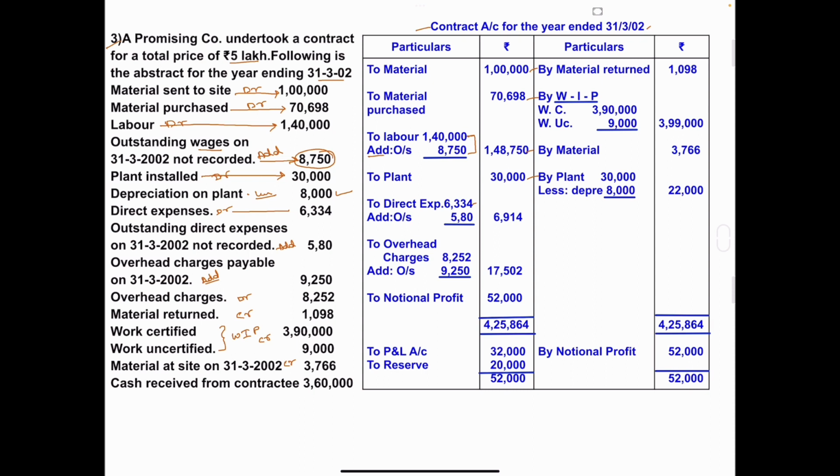Add outstanding. Outstanding direct expenses on 31st March not recorded, 580. So this amount will be added to direct expenses amount. And total of these two, write in outer column 6,914.